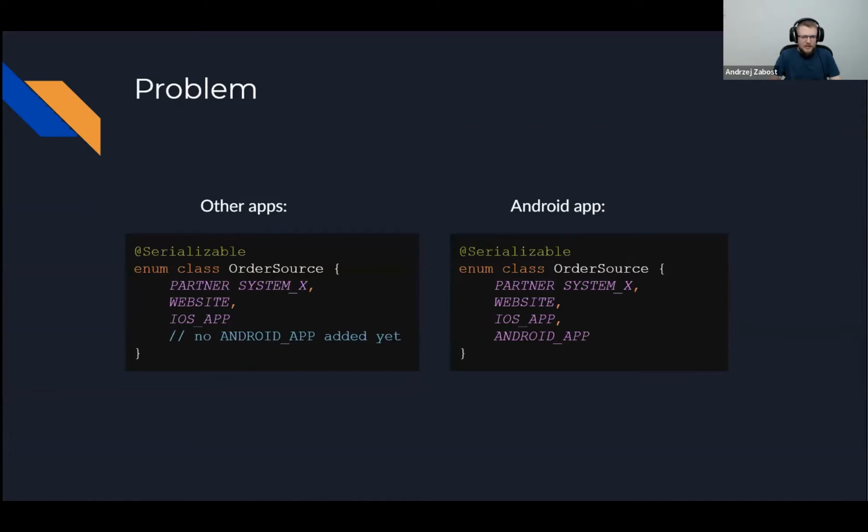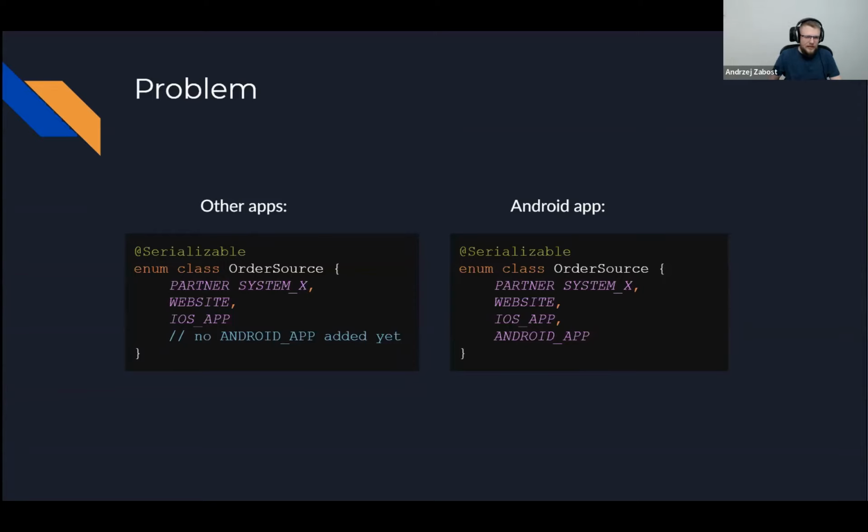As a result, we may end up with a situation like this, where the new application we are working on, in this case this Android application, obviously has this updated OrderSource enum class, but all the other applications still use the older version of this enum, and they are not aware that we have a new application in our system that can be indicated with this enum.